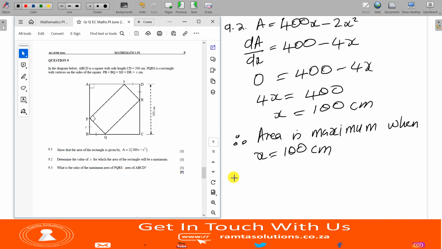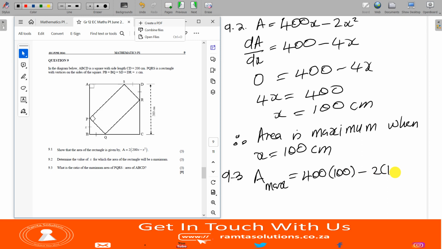Okay, so let's find the maximum area of PQRS. 9.3, maximum area, A max, we called it A max, so what was it? It was 400 into 100 minus 2 into 100 squared. Let's get the value, guys.